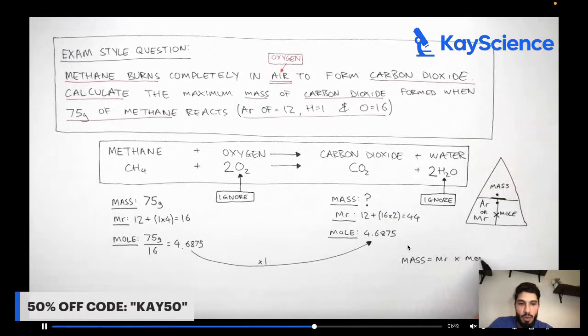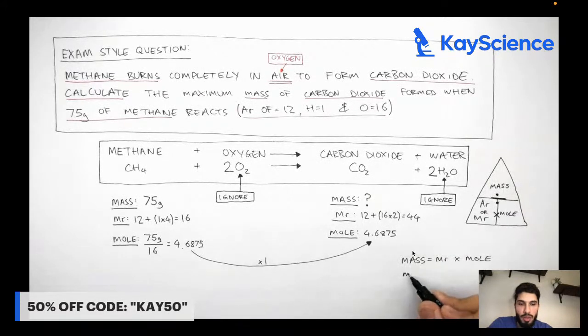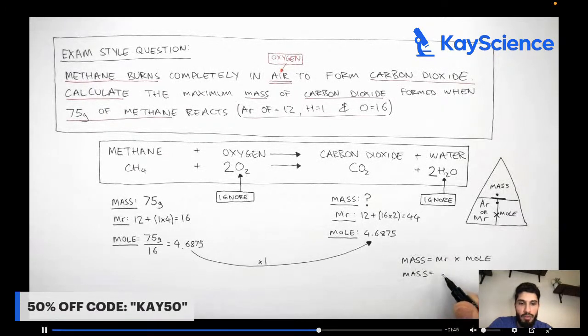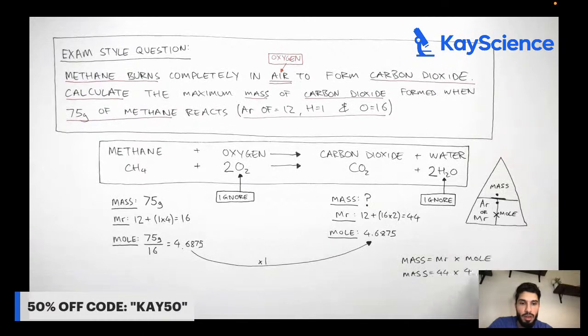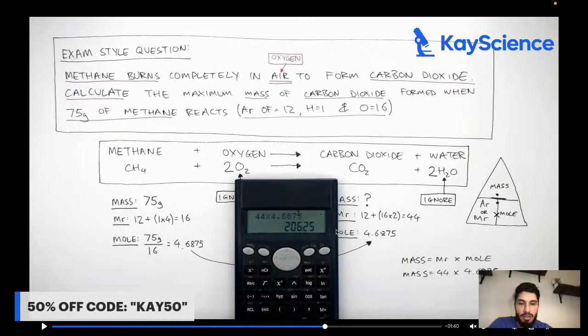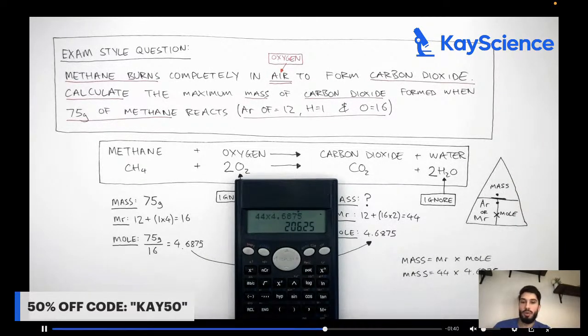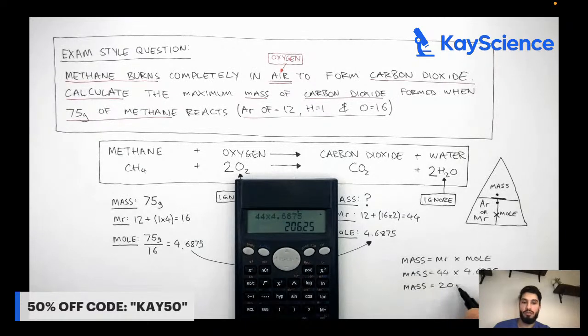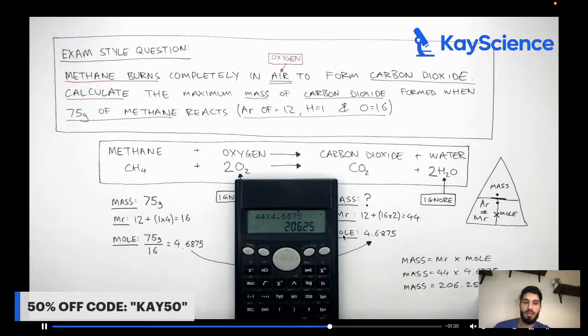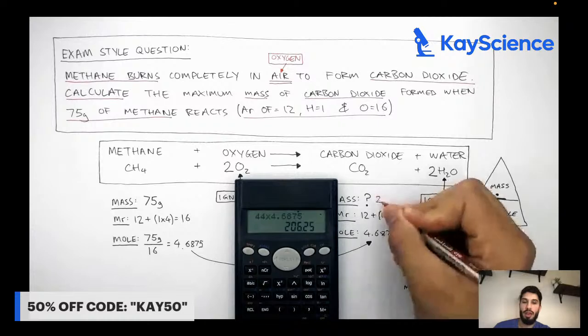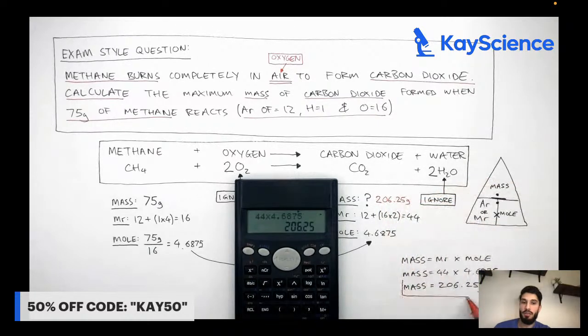So we do mass equals MR times mole, which is 44 times 4.6875. And you put that into your calculator, and we can see the answer is 206.25 grams. So this is your final answer. And this is where you get your final marks, okay?